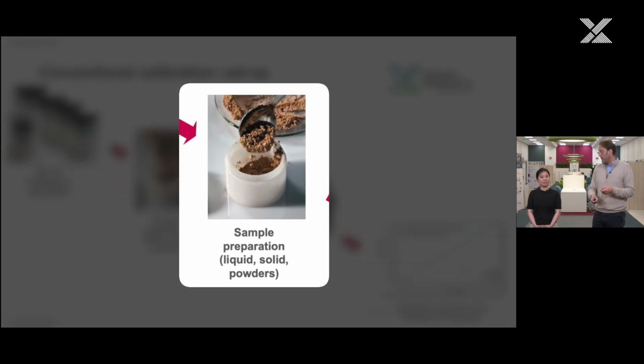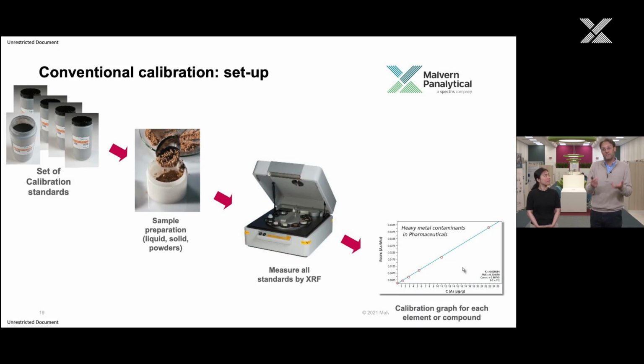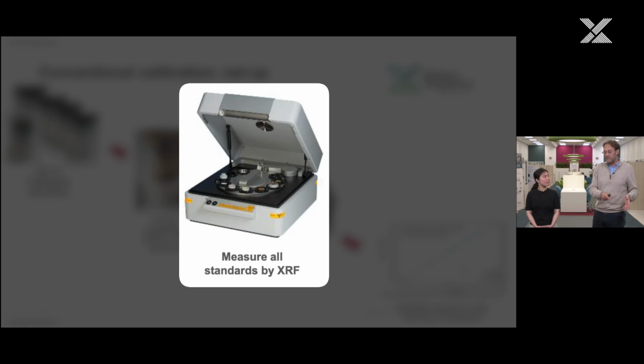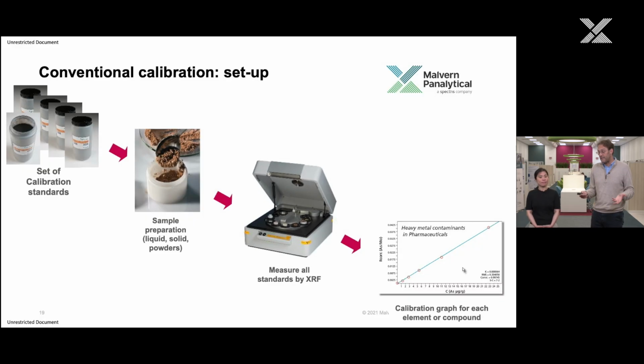You prepare the samples either as a loose powder or as pressing the powder or fusing the powder, or the standards can also be liquids like oils and fuels. And you measure those standards in your XRF instrument.